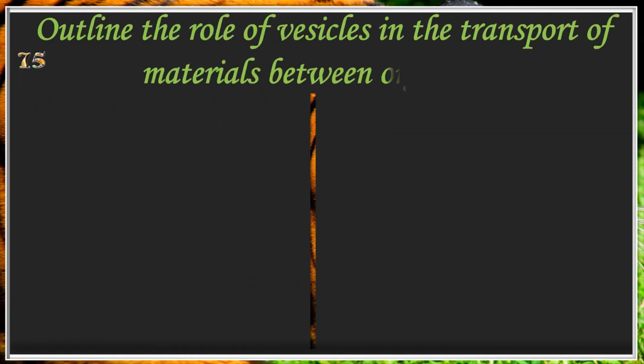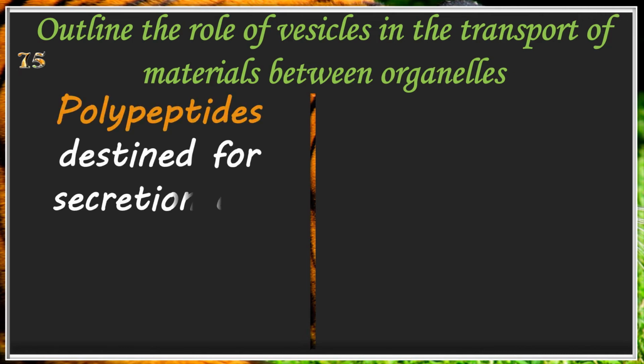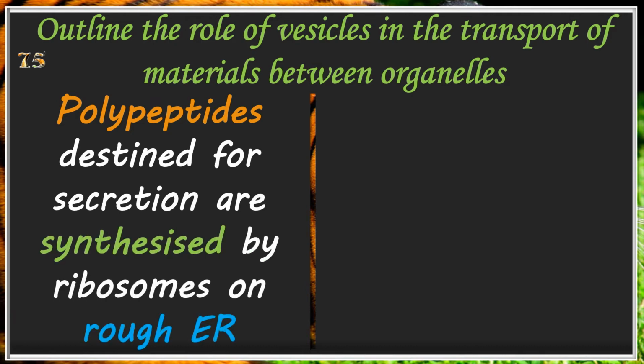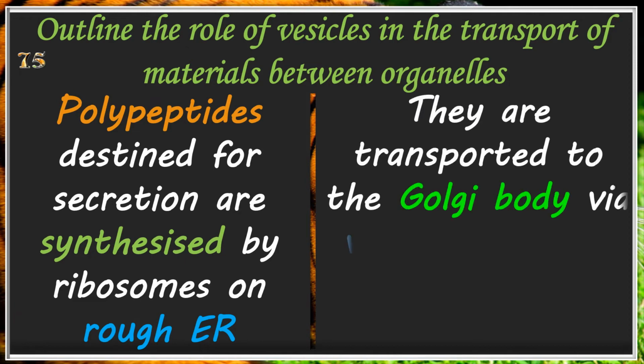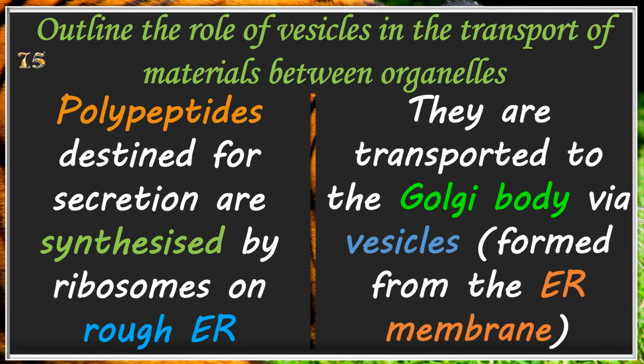Outline the role of vesicles in the transport of materials between organelles. Polypeptides destined for secretion are synthesized by the ribosomes on the rough endoplasmic reticulum. They are transported to the Golgi body via vesicles. These ones are formed from the endoplasmic membrane.